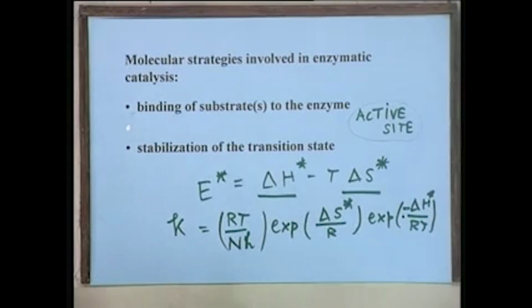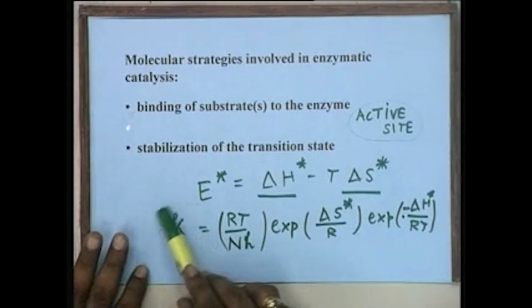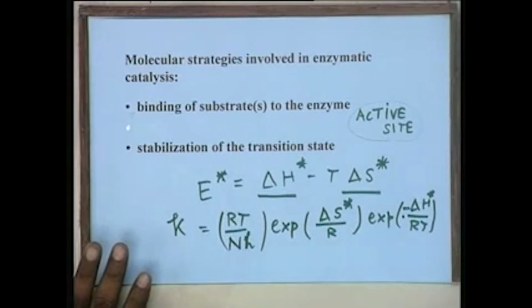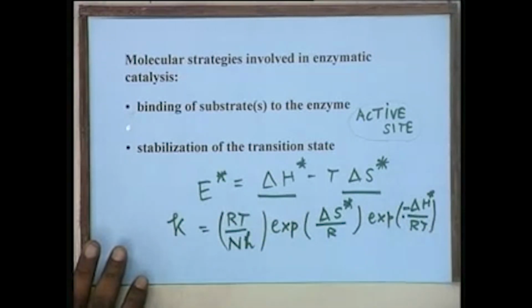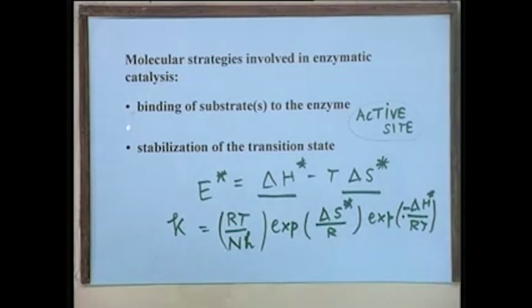So, essentially the rate enhancement process consists of two different components; the energy of activation consists of enthalpic as well as entropic contributions. By any means, if the enzyme can reduce either the enthalpic contribution to the free energy of activation or the entropic contribution, the net result will be a catalytic function.